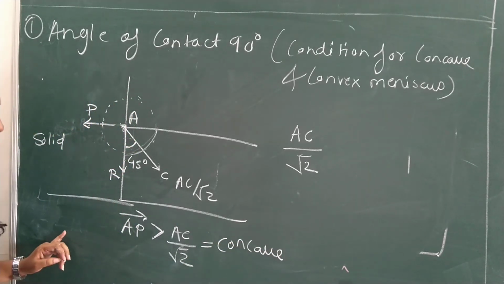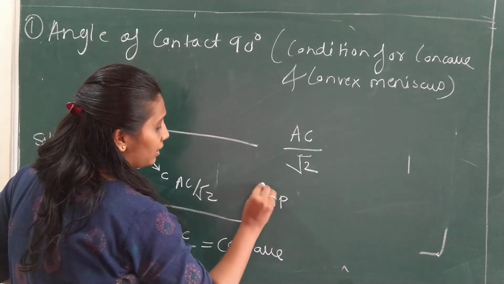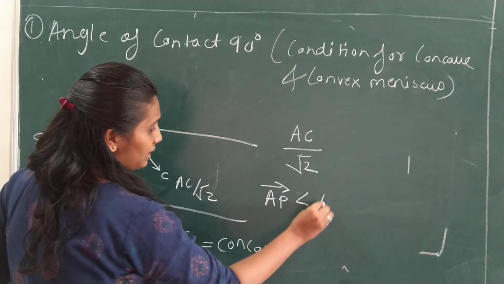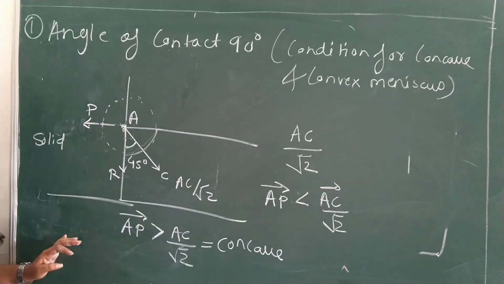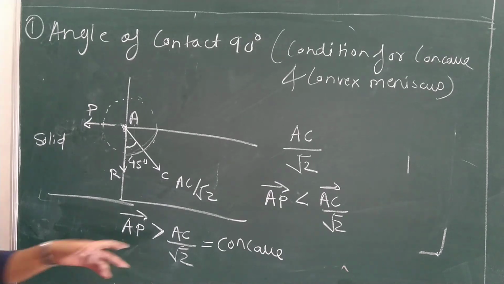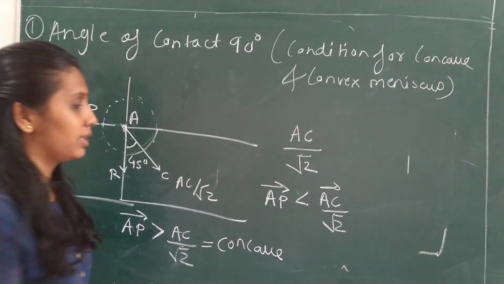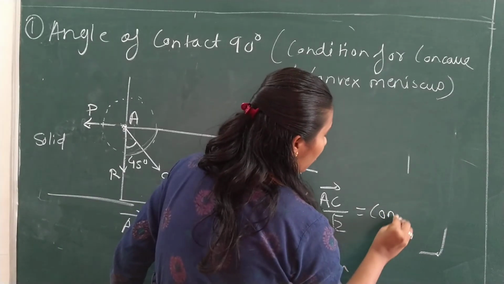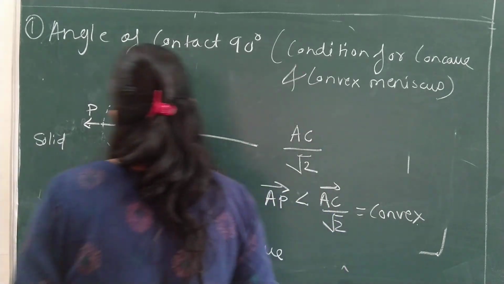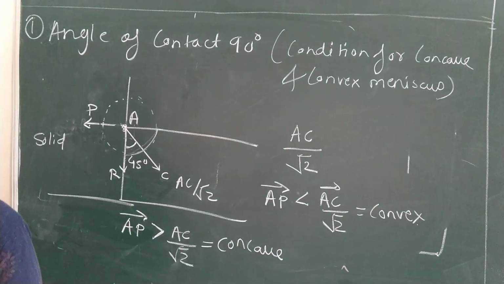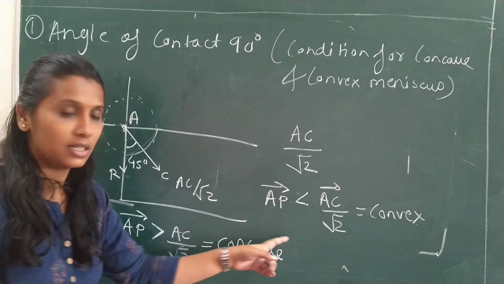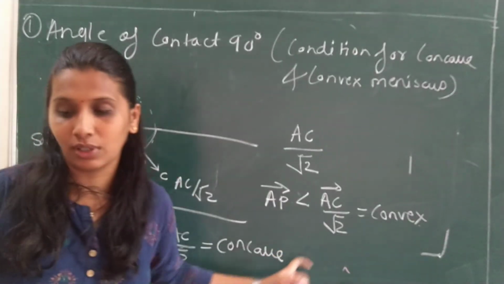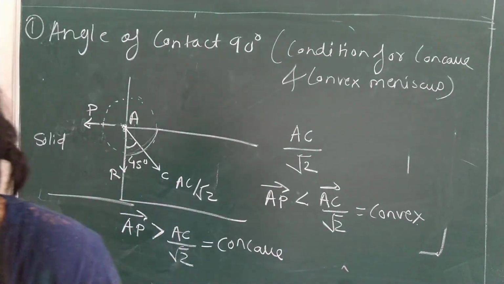Just opposite of that, if your AP is less than AC by root 2, it indirectly tells that your adhesive force is less than cohesive force, and you will get a convex meniscus. So when the angle of contact is 90 degree, the meniscus can be convex or concave, depending on these forces.